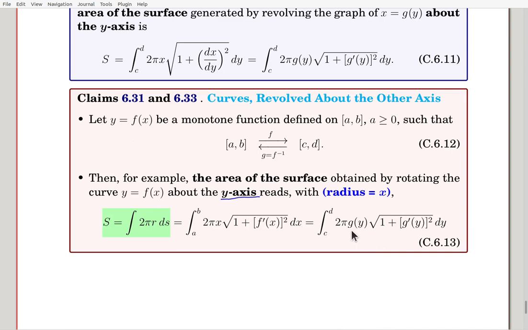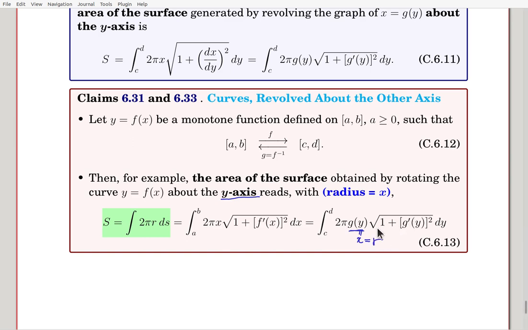Now everything must be written as a function of y. That one is 2 pi, again r is x, which must be g of y, since this one has an inverse, so x is g of y. Again, that is the same as x, and it's coming from r anyway.